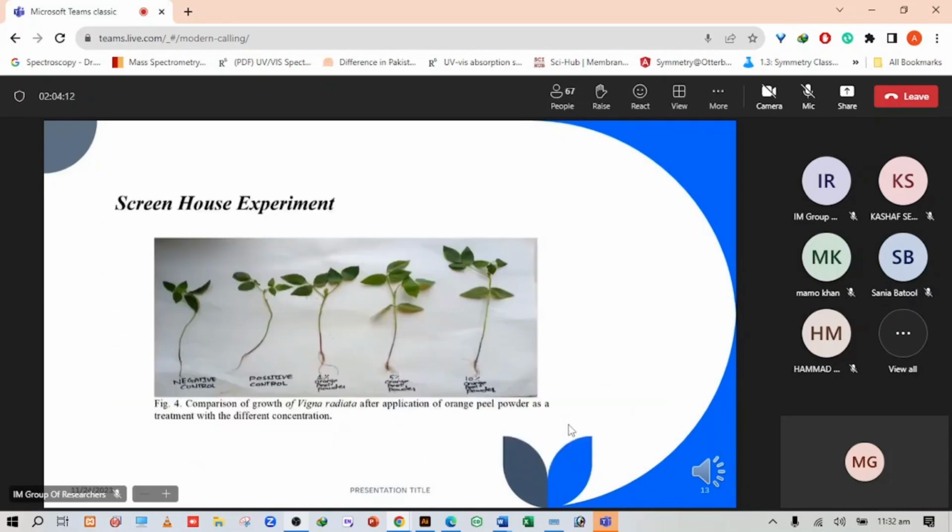This is the result of the screen house experiments, when the nanofertilizer was applied in the soil, and its effect on the growth of the Vigna radiata plants. You can clearly observe in this picture the negative control and the positive control, meaning that some fungicides were used to compare with our fertilizers. But the fertilizer effect was greater than the positive control also.